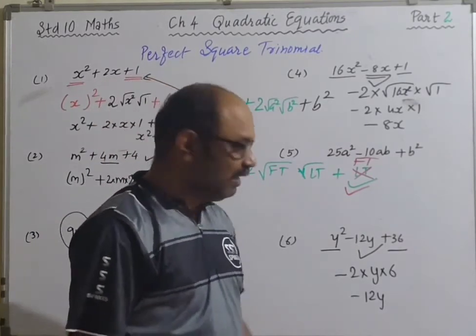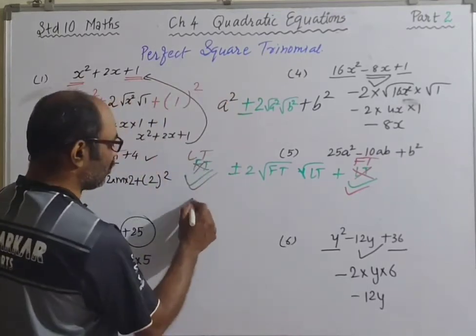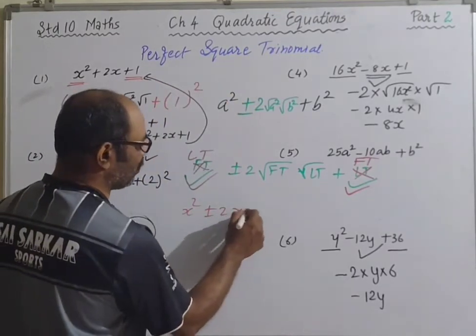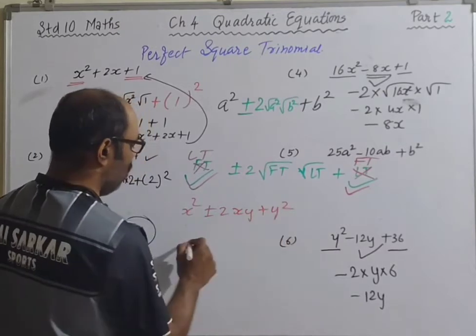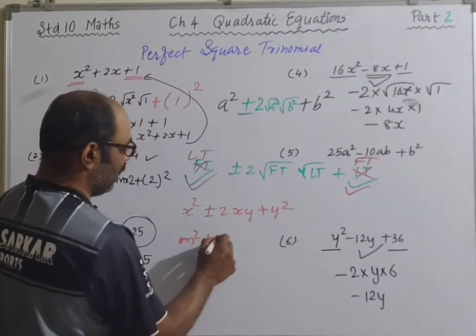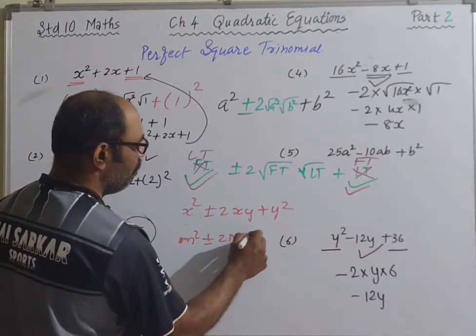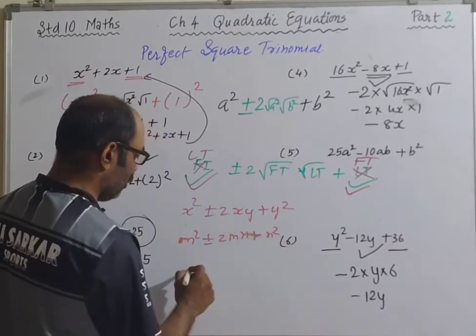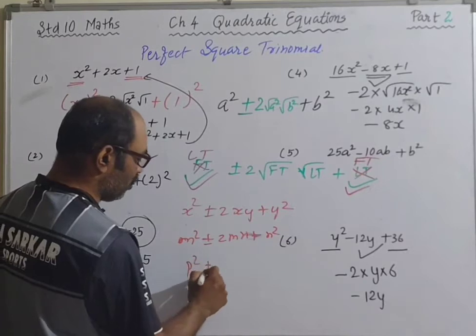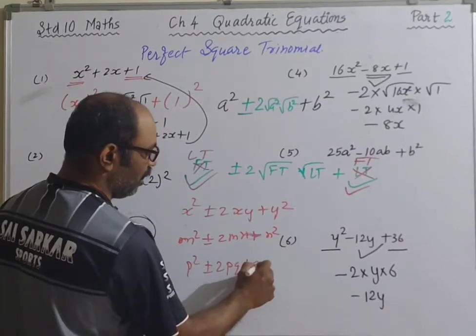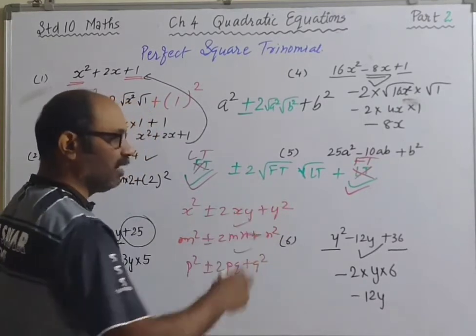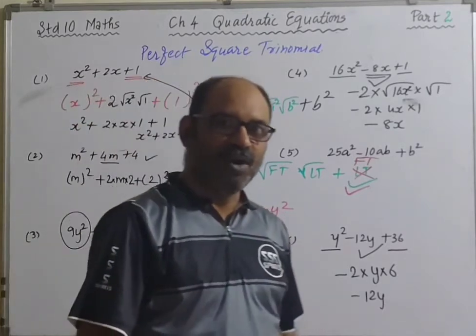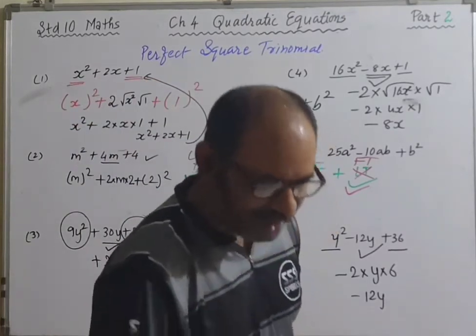Okay, so yes, you can say x square plus or minus 2xy plus y square, or m square plus or minus 2mn plus n square, p square plus or minus 2pq plus q square. इस प्रकार के ट्राइनोमियल होंगे तो they will be always perfect square.